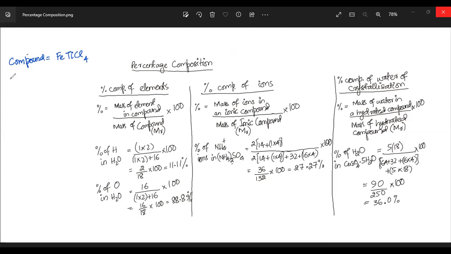Now you are supposed to calculate the percentage of Cl negative ions in FeTiCl4. Go ahead. Let's just bifurcate this whole portion for our questions. You might need the periodic table in order to solve these questions, so you can open up the periodic table from your book or from any of the nearby sources.